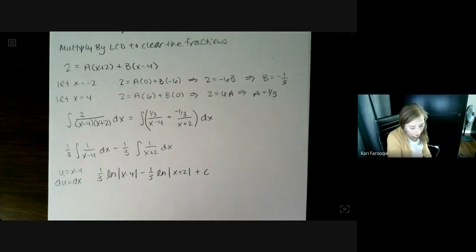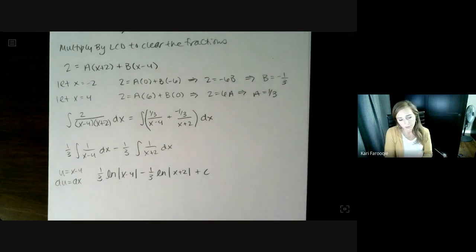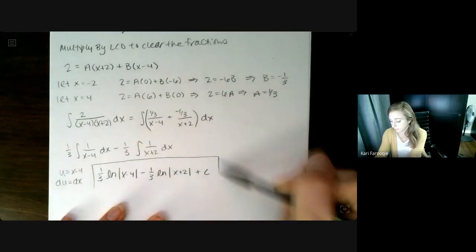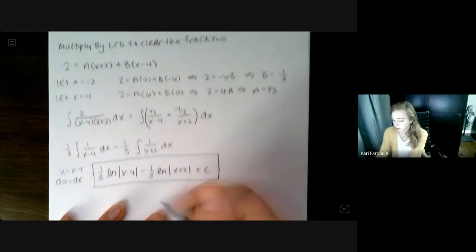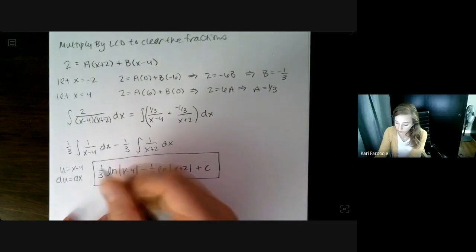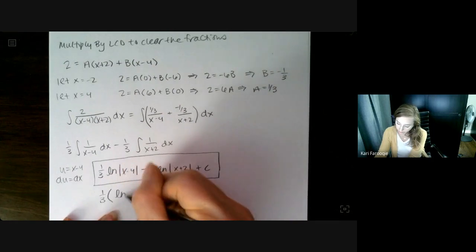Since this is a very common type of problem, what you're going to often see is that the answers are simplified differently. This is fine. I'm fine with this. But what you might see is that if this is the same constant or if it has the same denominator, they'll pull that out.